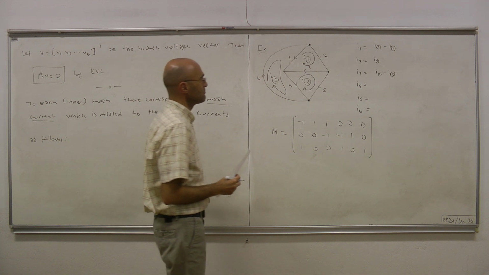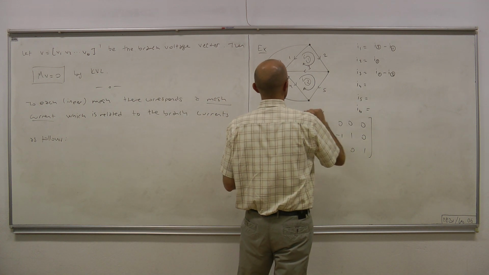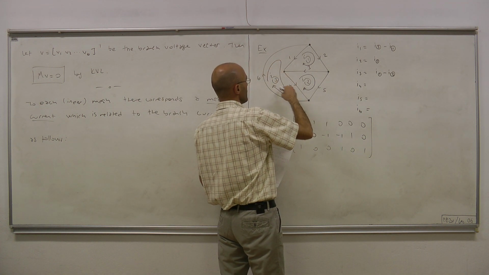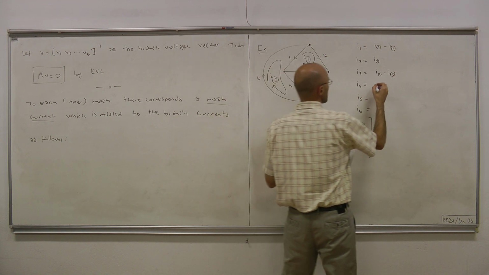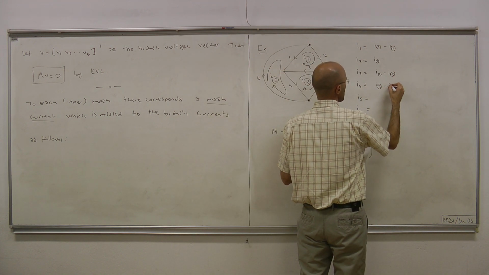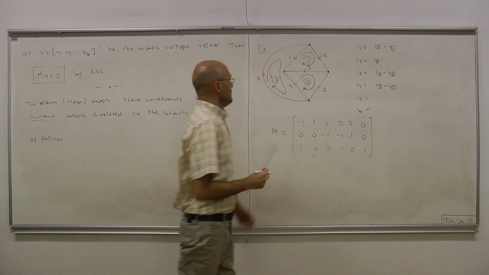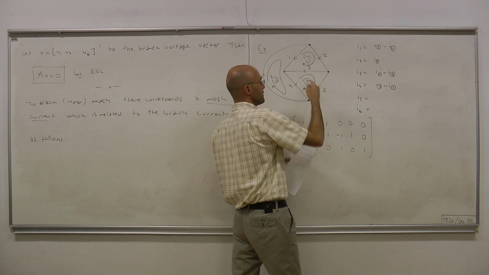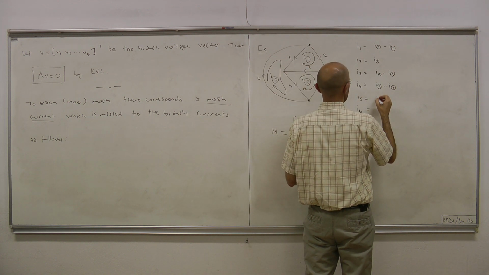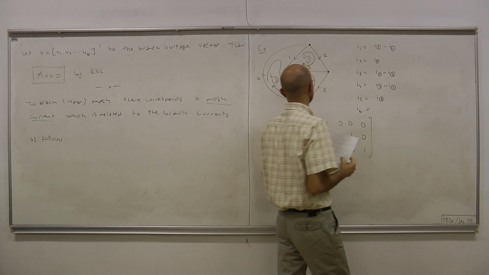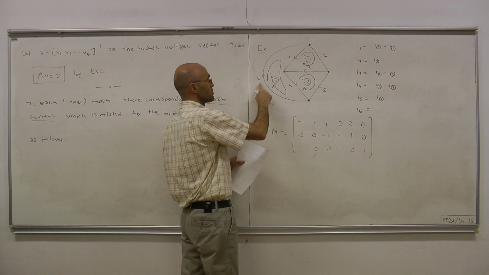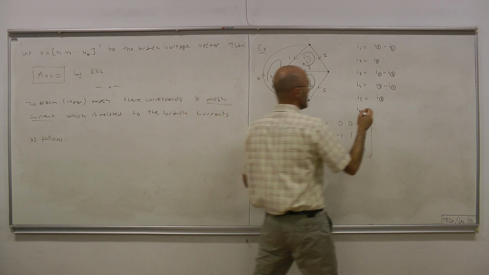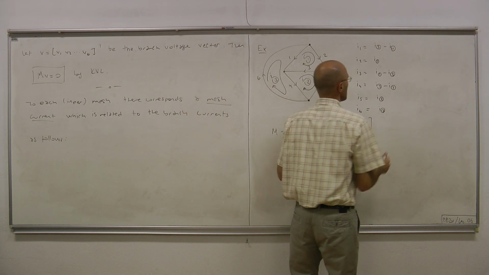For I4, same as I3 and opposite to I2, so we have I3 minus I2. For 5, it touches only mesh number 2 and its direction is the same, so we have I2. And finally, for I6, it touches only mesh 3 and its direction is the same, so we have I3.